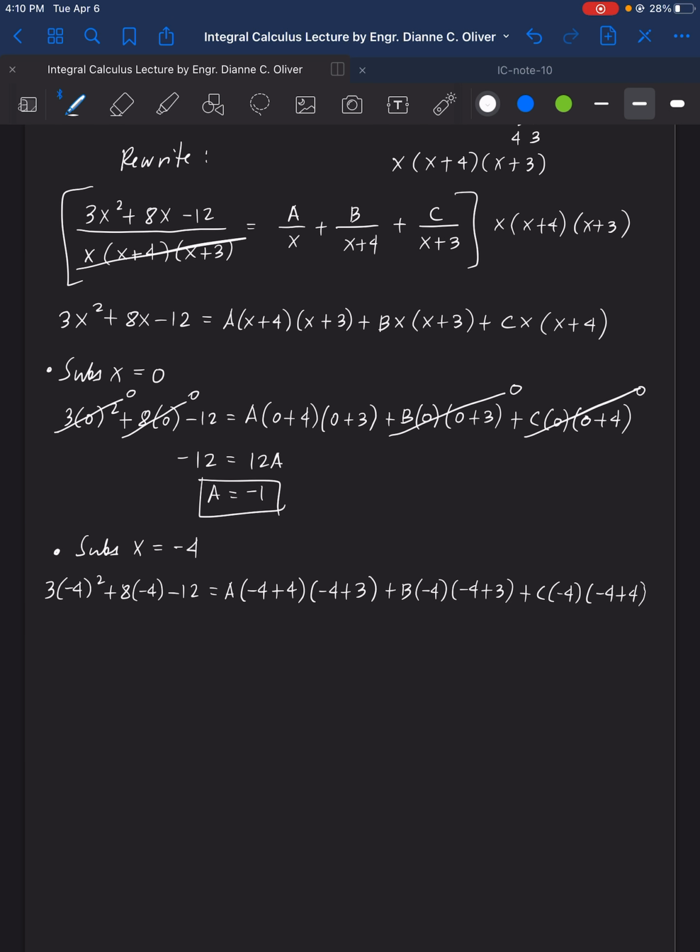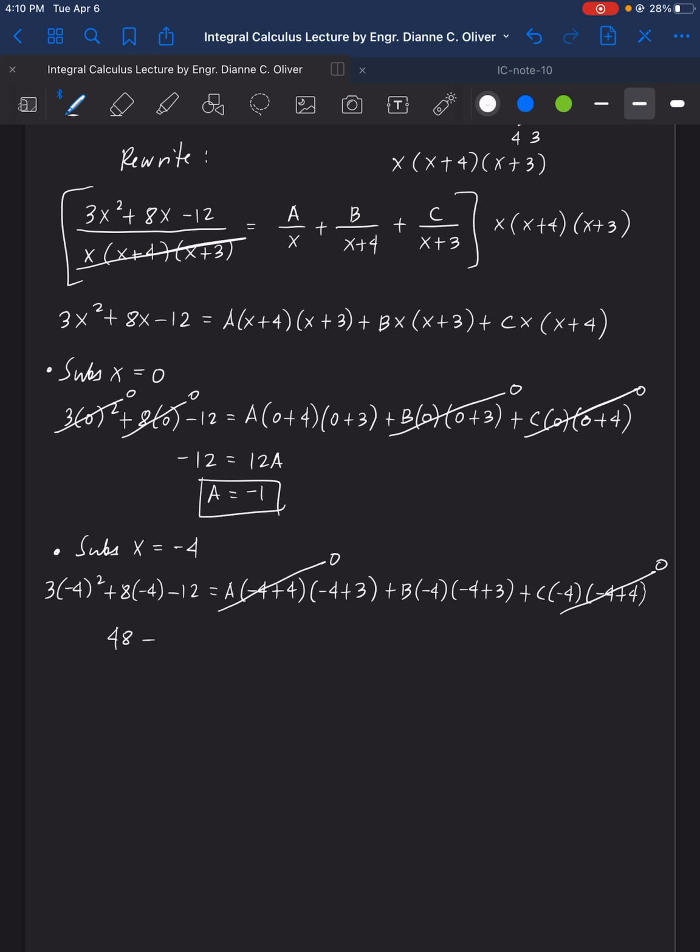Okay. So, as you can see, the value here will become 0. And then this one will become 0 also. So, no more a and c. So, what is 3 times negative 4 squared? That is 48. So, 16 times 3.